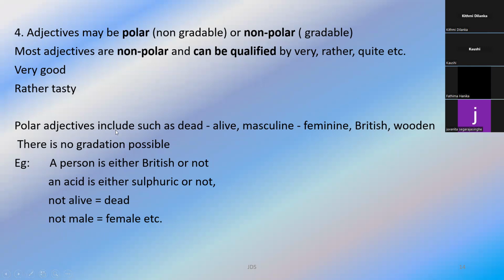Polar adjectives include such as dead, alive, masculine, feminine, and all these. So these can't be graded. You can't say half masculine, you can't say half alive, though colloquially it's used, but grammatically it doesn't make any sense.